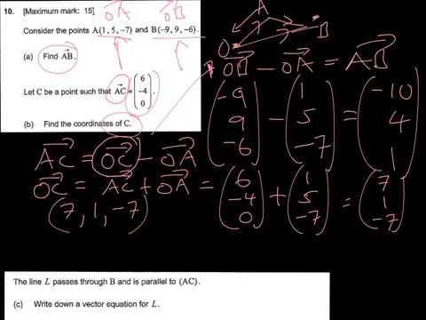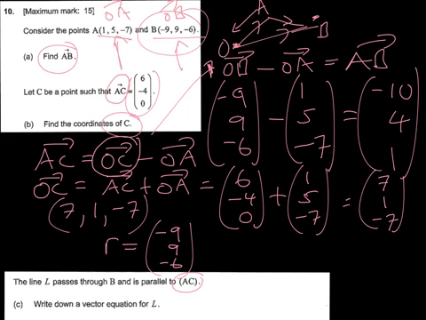For the final part on this page, the line L passes through B and is parallel to AC. Write down a vector equation for L. If it passes through the point B, we can write r equals negative 9, 9, negative 6.